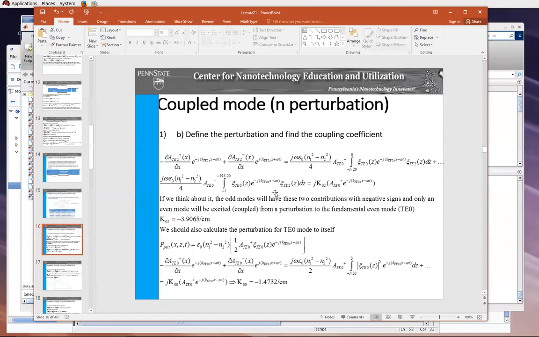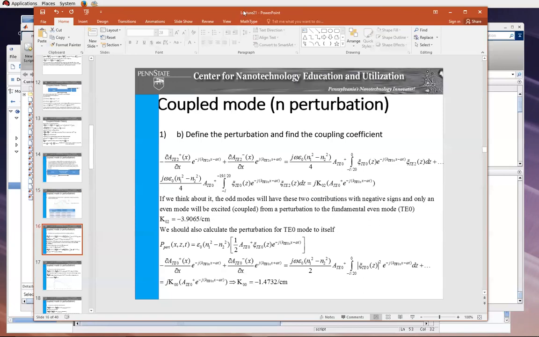They are both identical, so if you calculate one of them, you just need to multiply it by 2 to get the total result. And that will have this coupling coefficient, let's call it capital kappa 0,2, from the 0 to the second order. Then we calculate that to be this much in terms of centimeters.